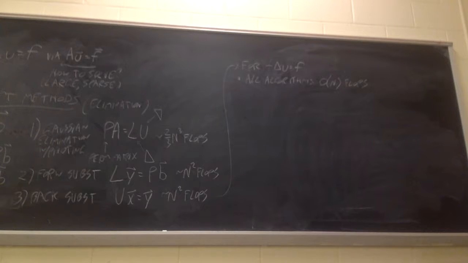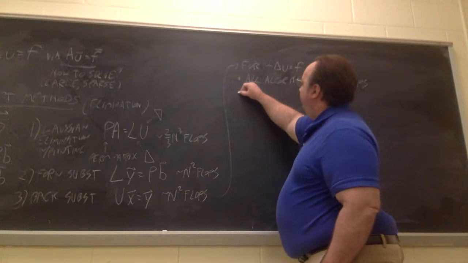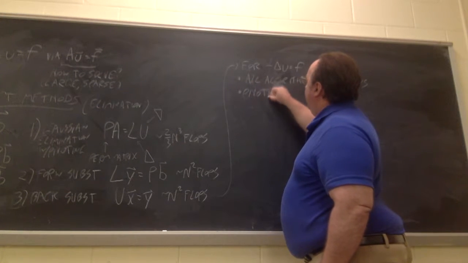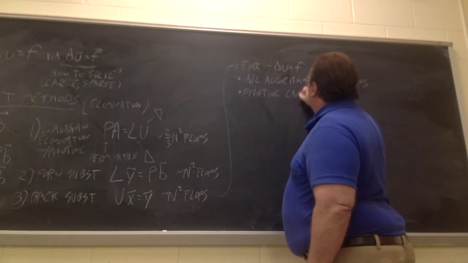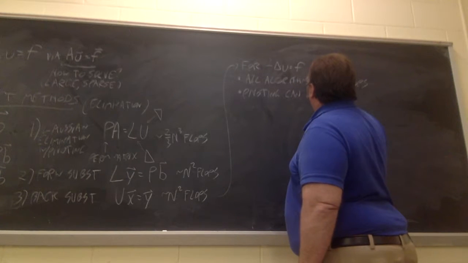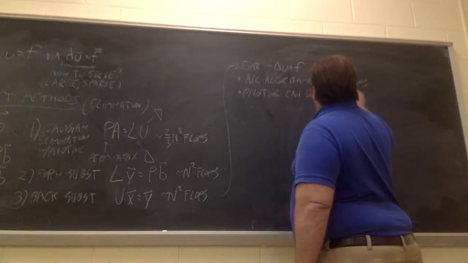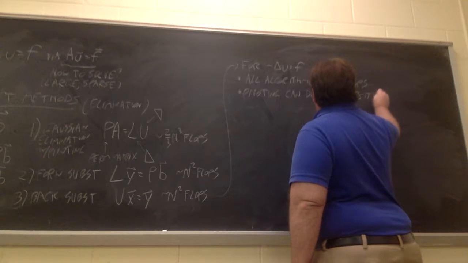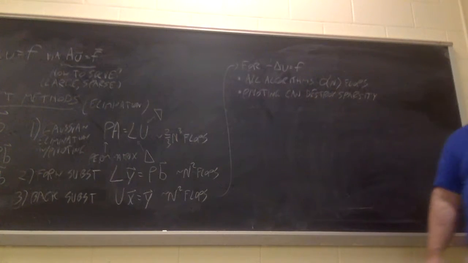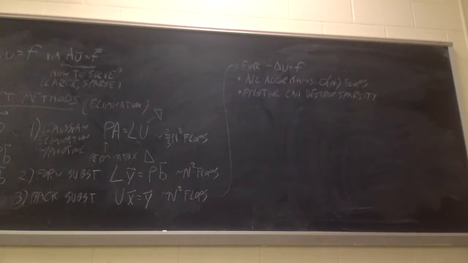But especially in higher dimensions, maybe a problem with pivoting. When you're doing partial pivoting and you swap rows, you might end up introducing new non-zero entries into the matrix that were zero before.